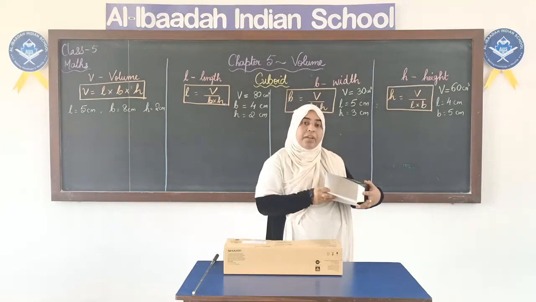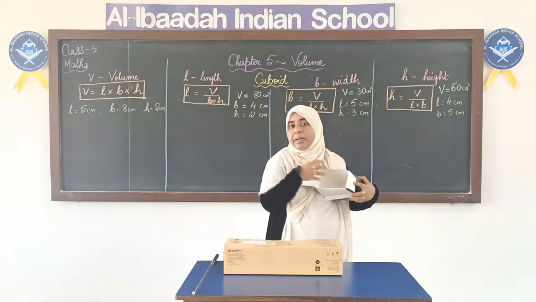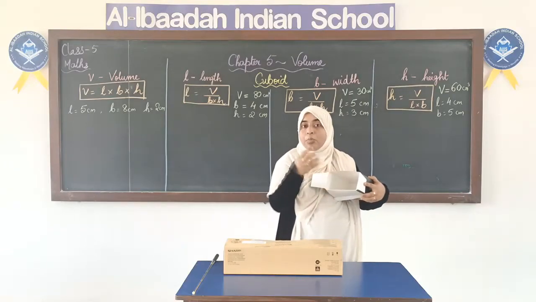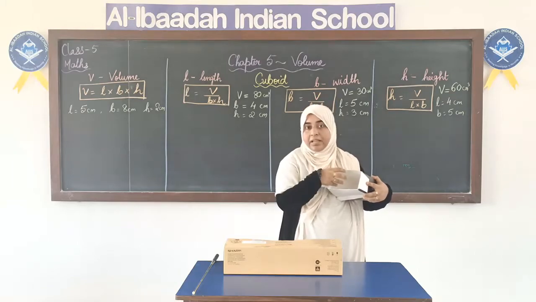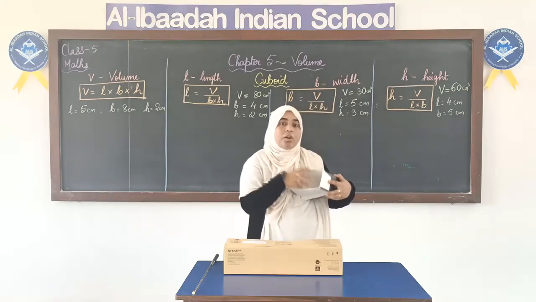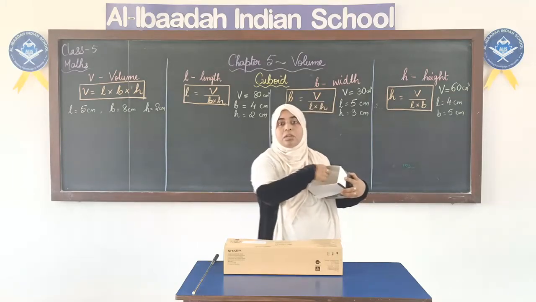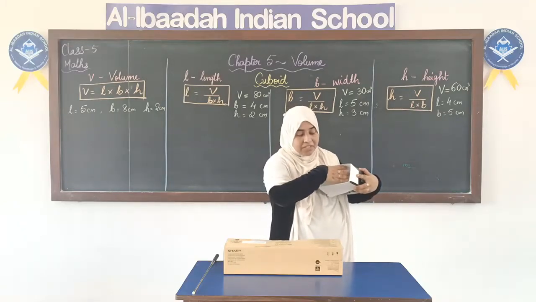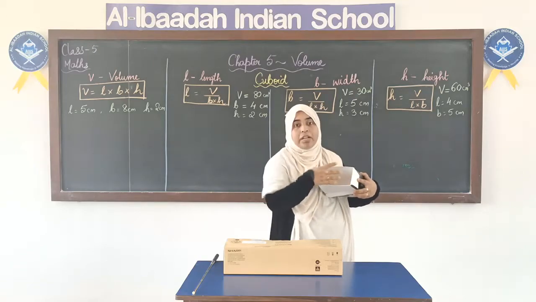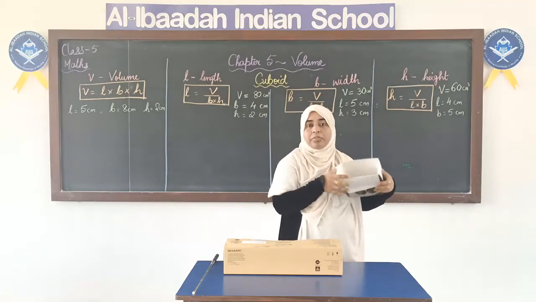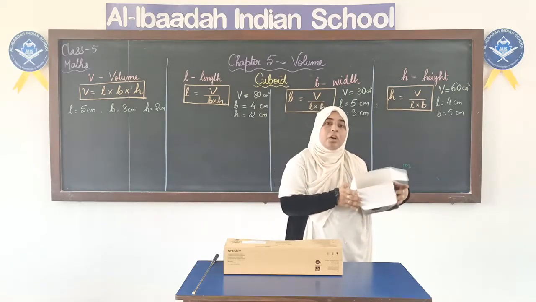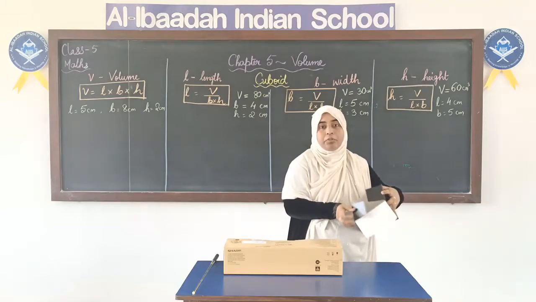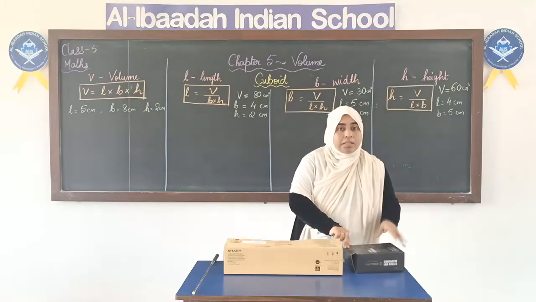Now suppose if I have to keep something in this, how many things I can keep or how much quantity it can take, that we can calculate if you know the volume of the cuboid. Okay. So this space which is there inside we call it volume. This is the volume of this cuboid. Okay. Now how do we calculate the volume of a cuboid is what we are going to study today.